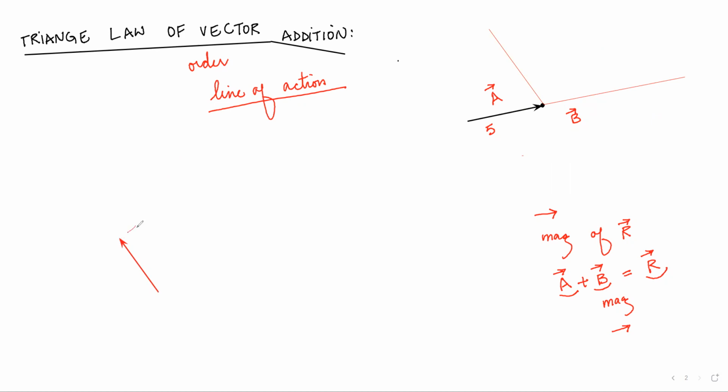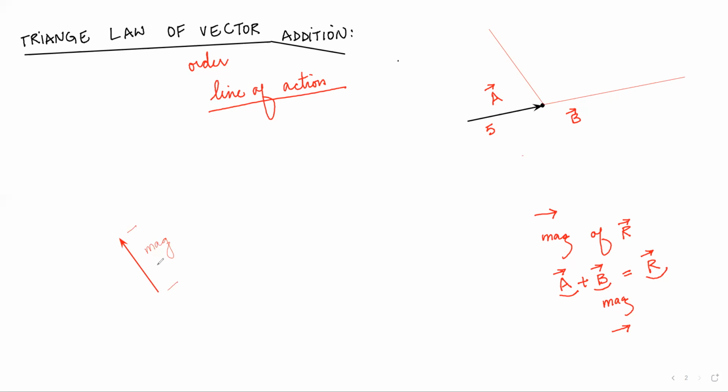What? The magnitude of this vector plus the direction, right? In case these two things are the same, I can say the vector is successfully represented.